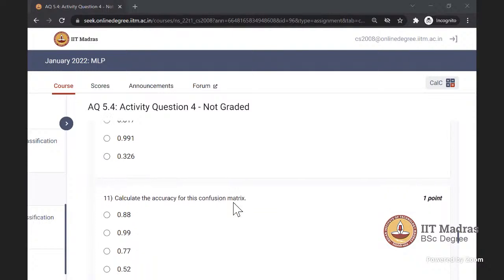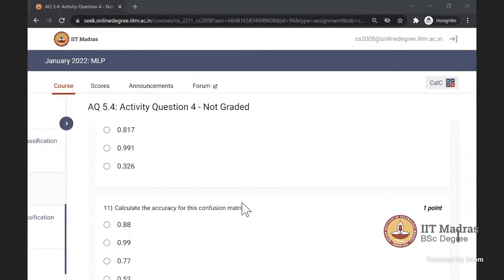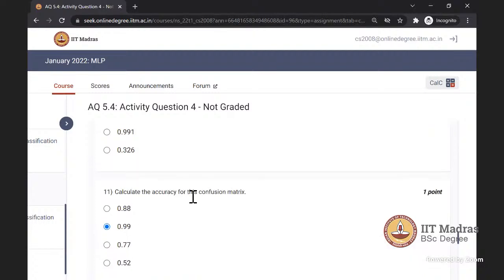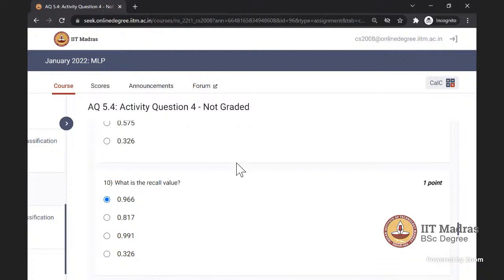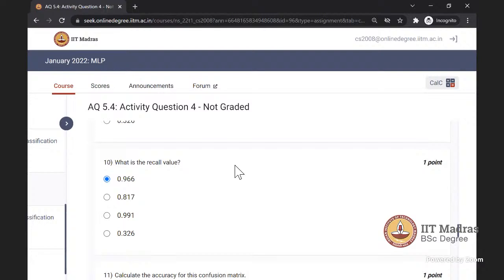So what is the value of accuracy and recall coming out to be? Accuracy is coming out 0.99.